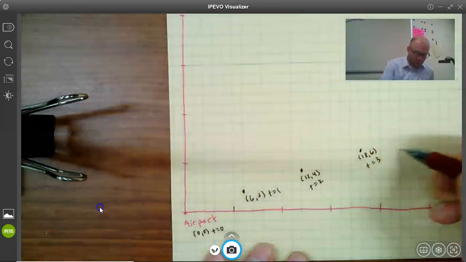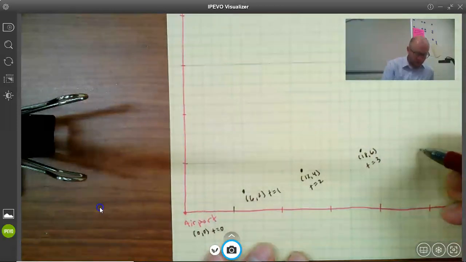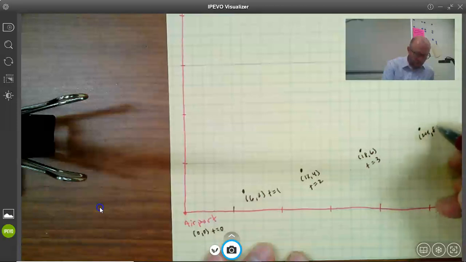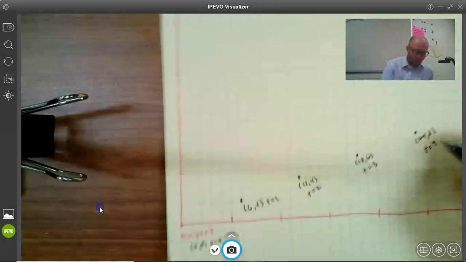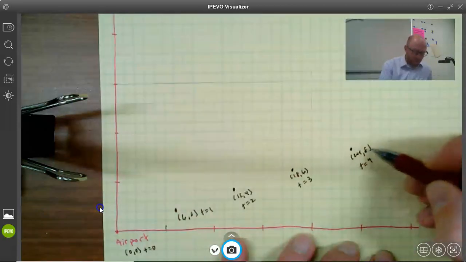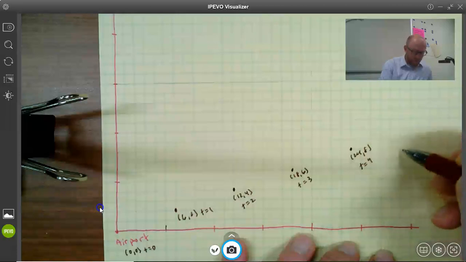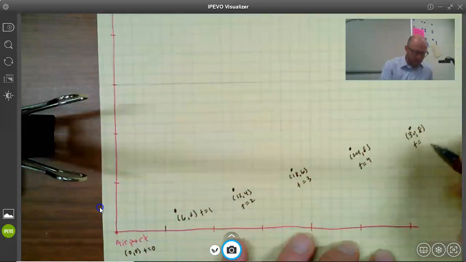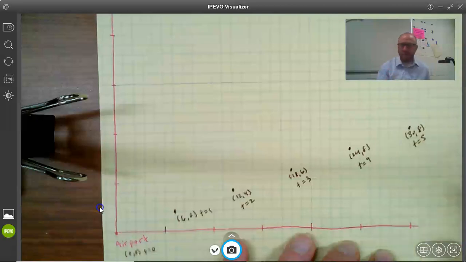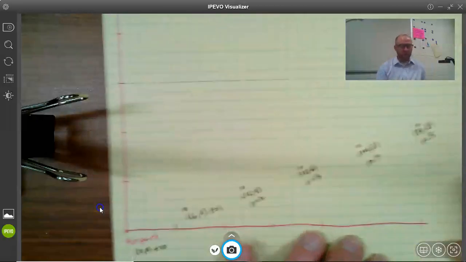Again, 6 over and up 2: this is (24, 8), and that's t equals 4. Then 6 over and 2 up is (30, 10), and that's t equals 5. We'll stop there. So here's the path of the plane.